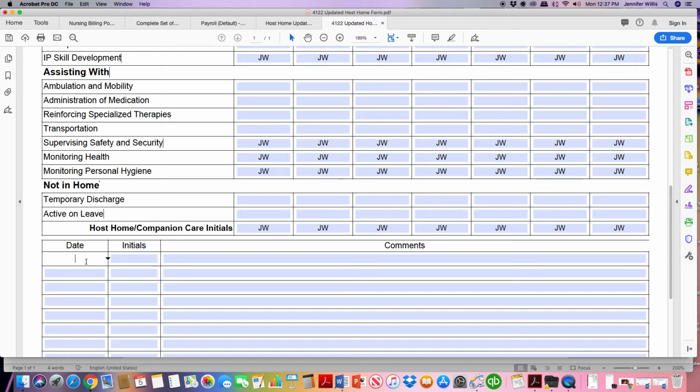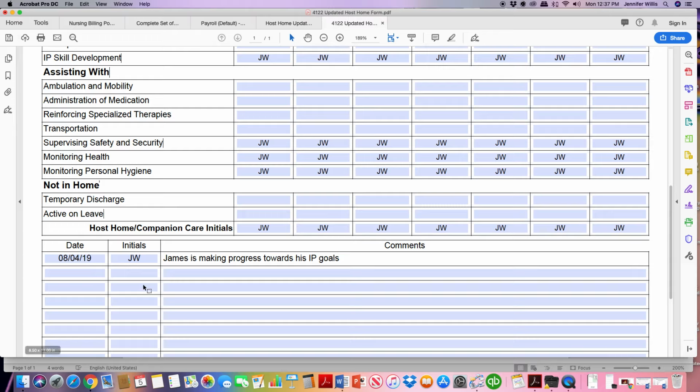Here at the bottom, you just want to create some notes for the individual. These are simple notes. Let's say James is making progress towards his IP goal. His goal may be that James wants to learn how to cook, or James wants to learn how to take a bath independently, or James may want to socialize.